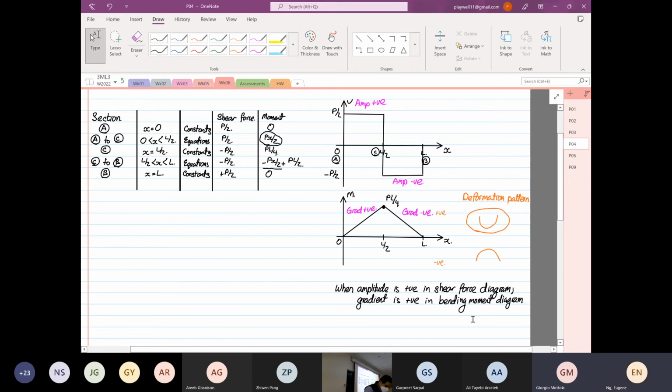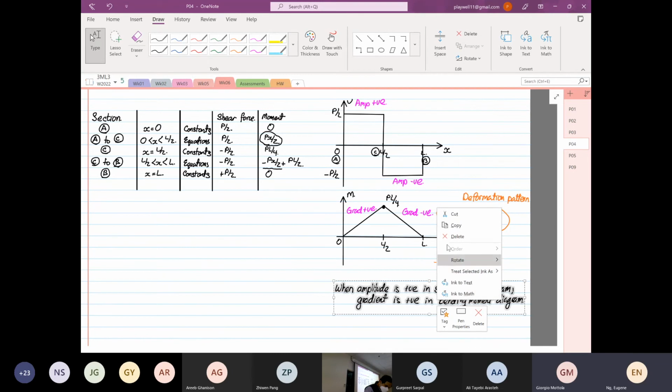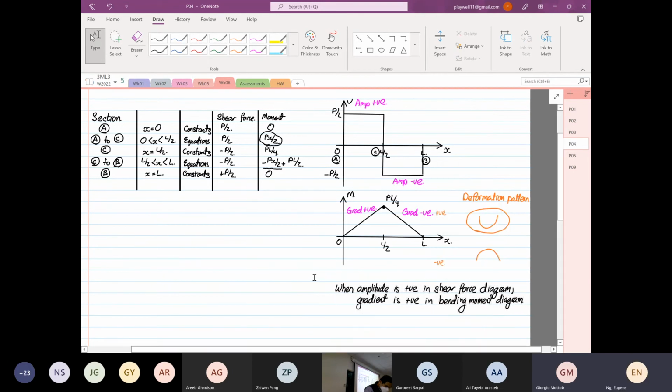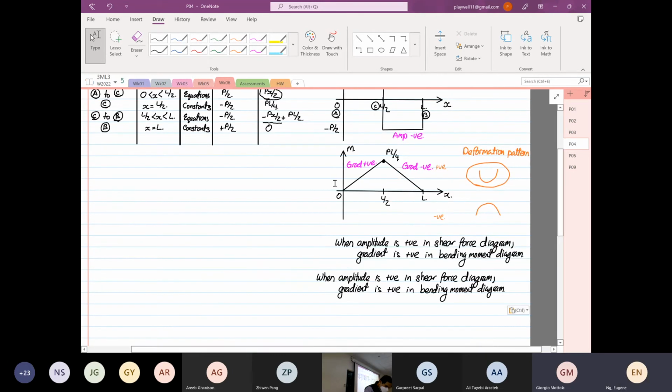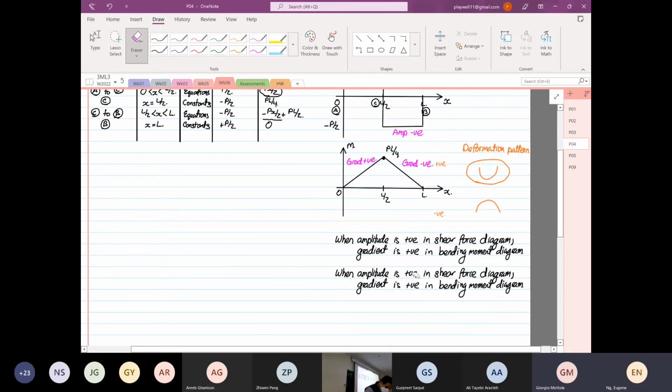Then I'm going to copy and paste. And when the amplitude is negative, the gradient is negative in the bending moment diagram.